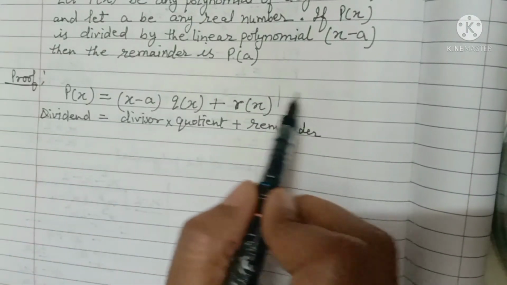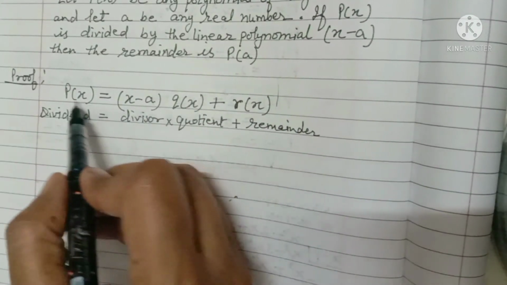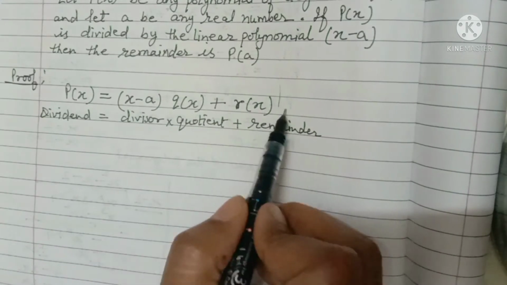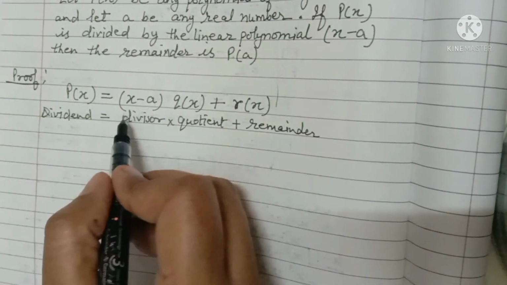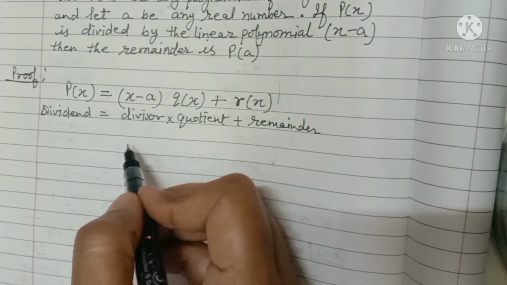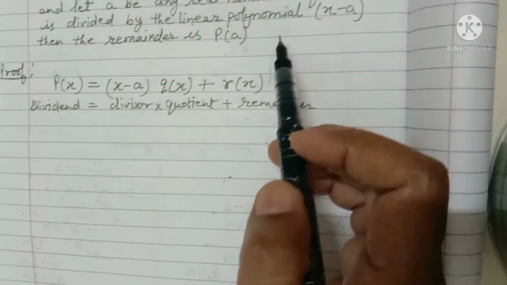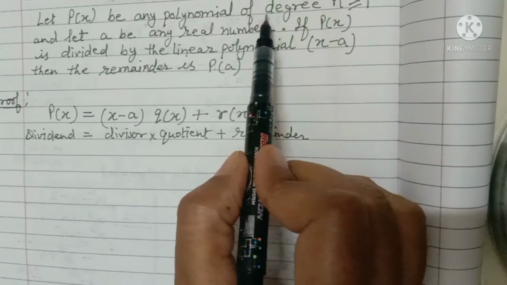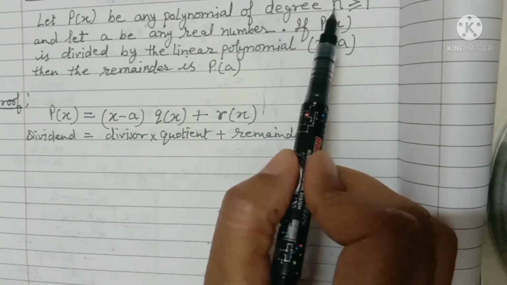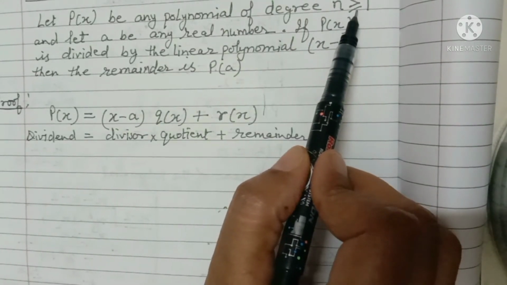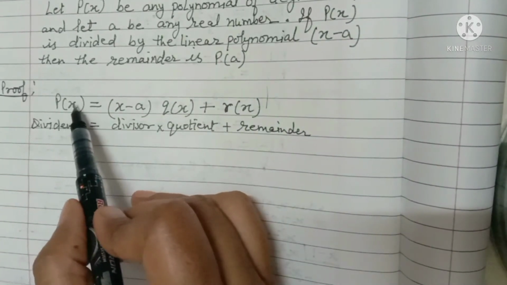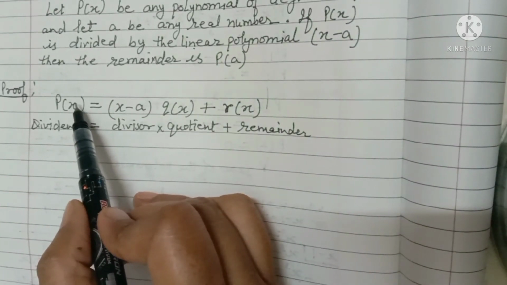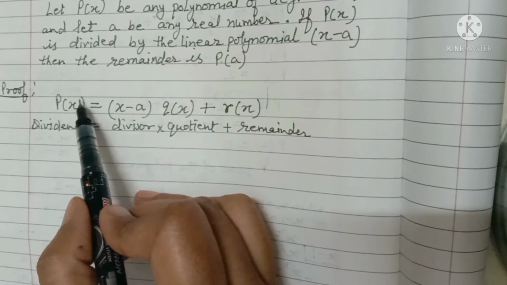You can write this by yourself before you write this relation. Next, let P(x) be any polynomial of degree n greater than or equal to 1. It means a polynomial of any degree, but it should be at least 1.